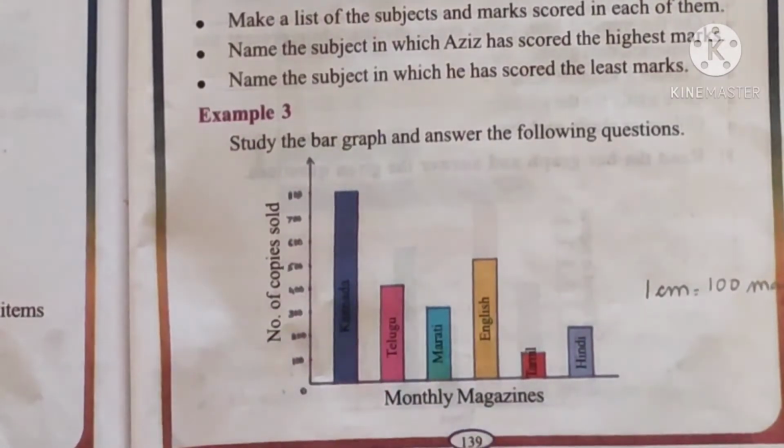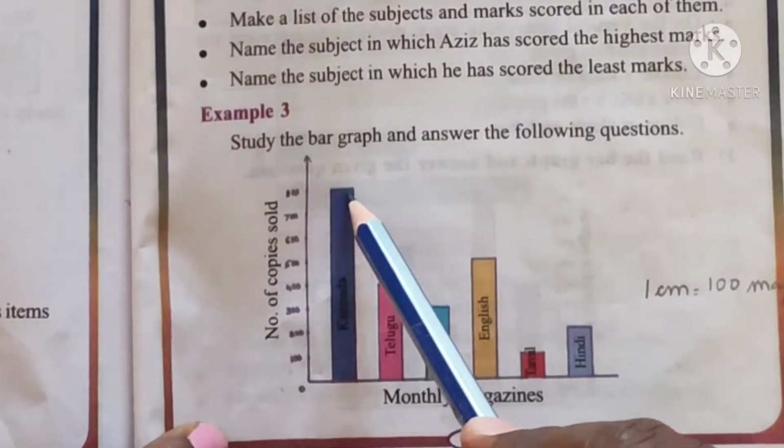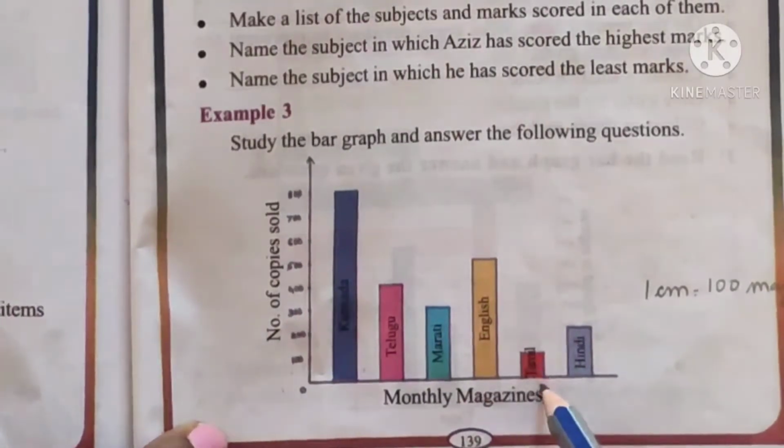This is the scale taken. So which magazine was sold more? The magazine in Kannada language was sold more, and magazine in Tamil language was sold least.